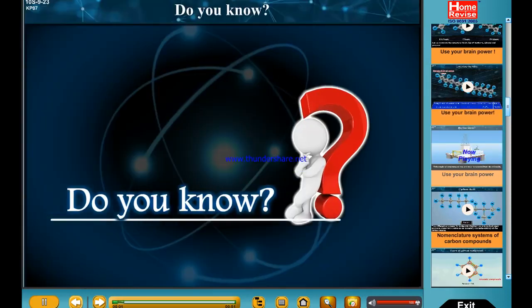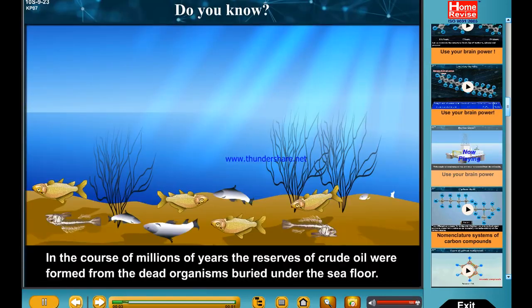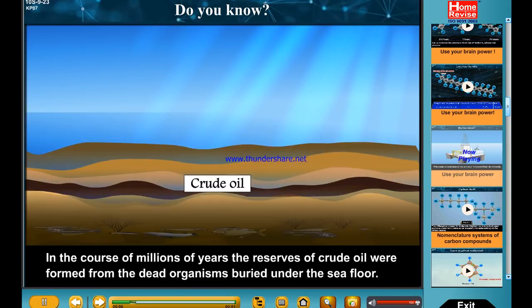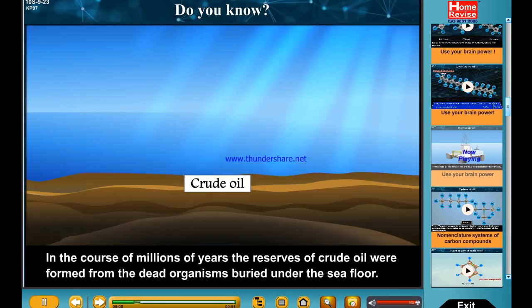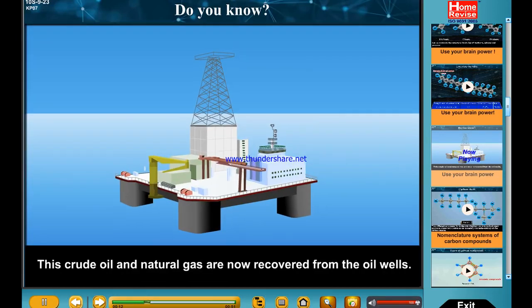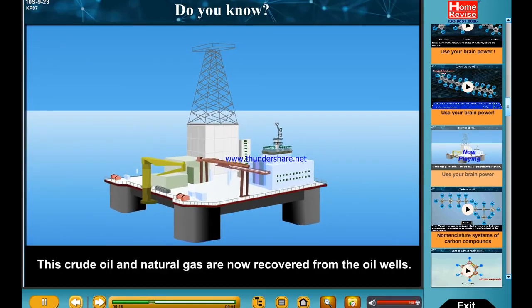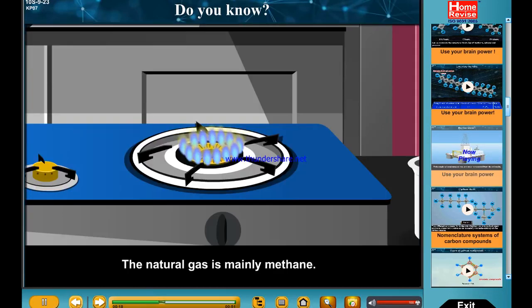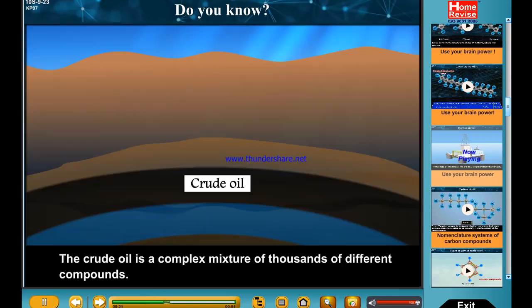Do you know? In the course of millions of years, the reserves of crude oil were formed from the dead organisms buried under the sea floor. This crude oil and natural gas are now recovered from the oil wells. The natural gas is mainly methane. The crude oil is a complex mixture of thousands of different compounds.